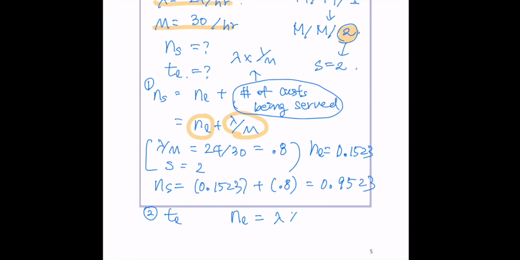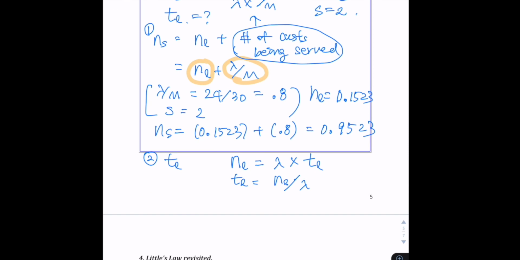Lambda. What is the throughput time for just waiting? It is TL. So from here, to get TL, what do you need? NL must be divided by lambda.